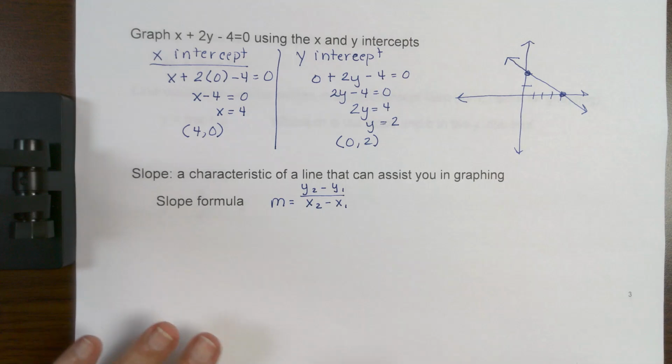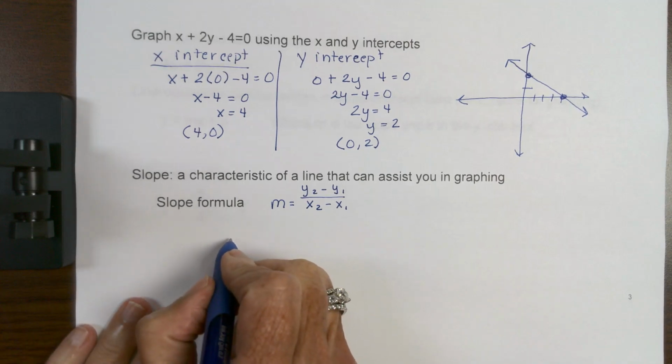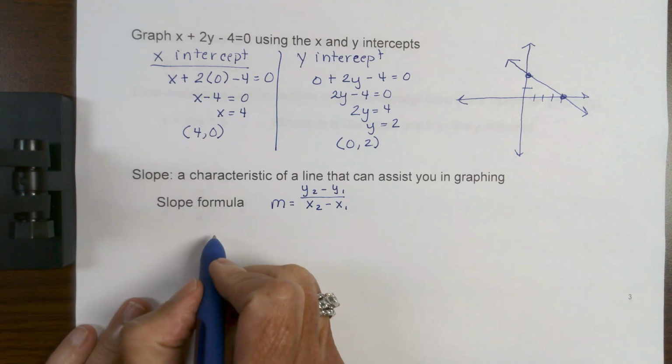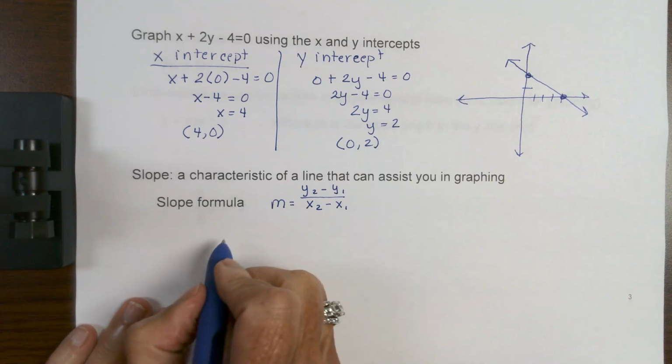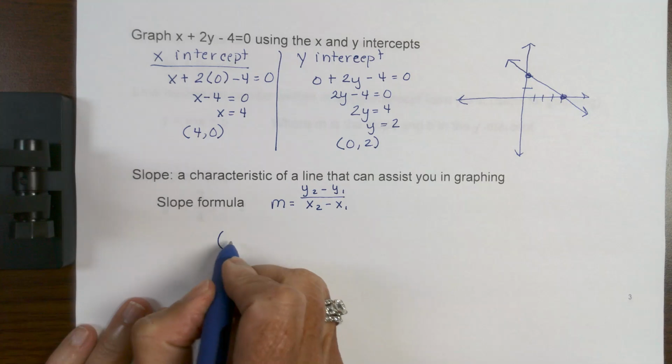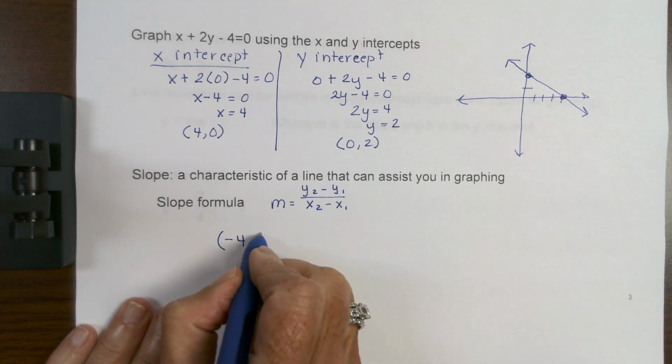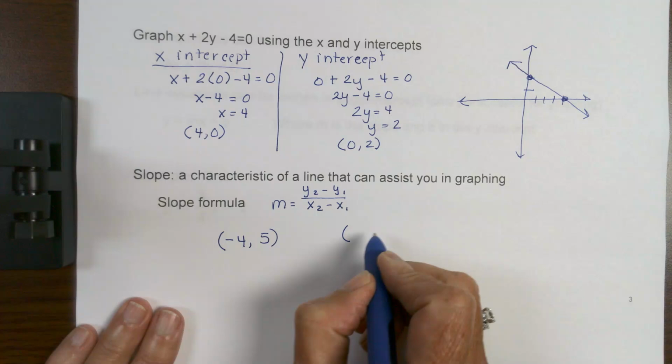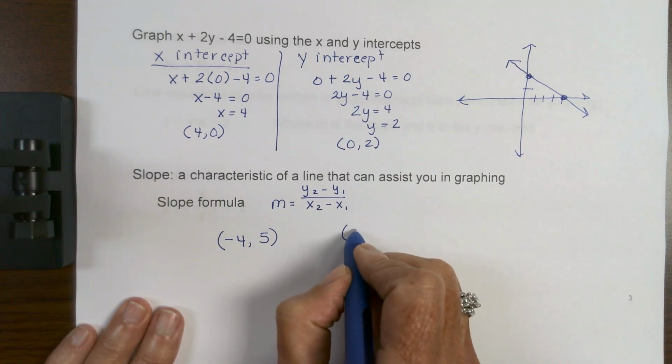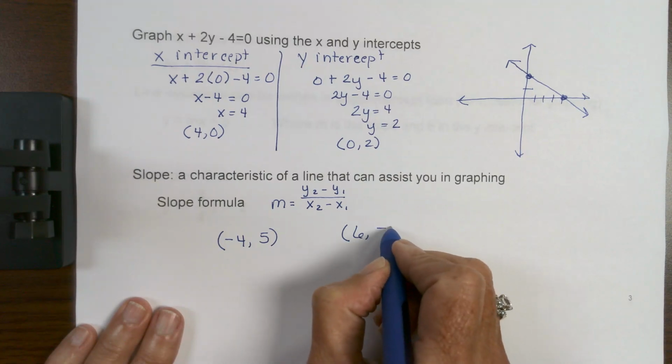We'll get to that in a minute. If I have any 2 points that this line goes through, let's say the line goes through negative 4, 5, and, I don't know, 6, negative 2.